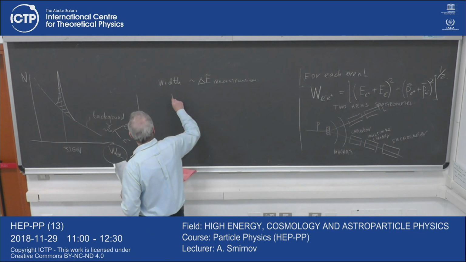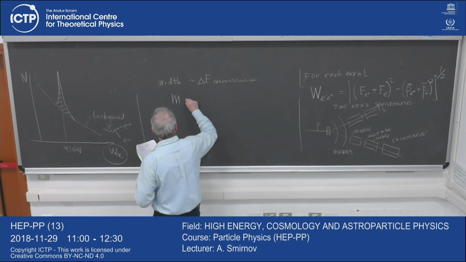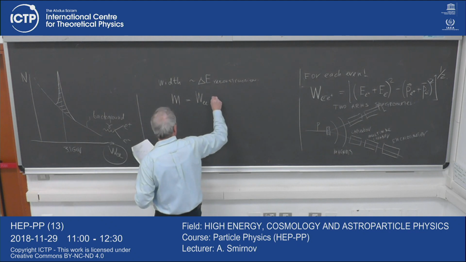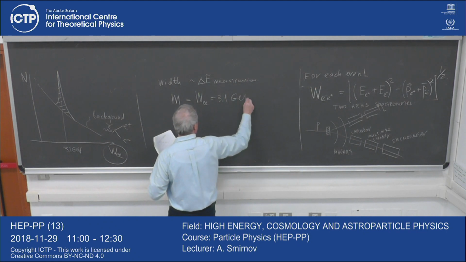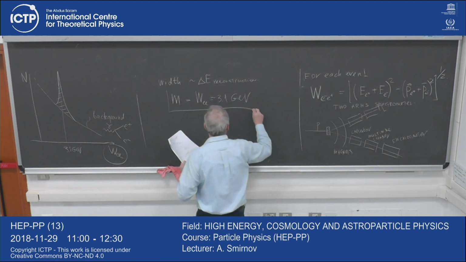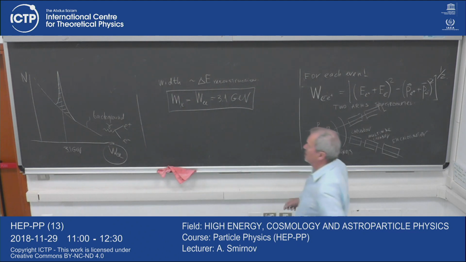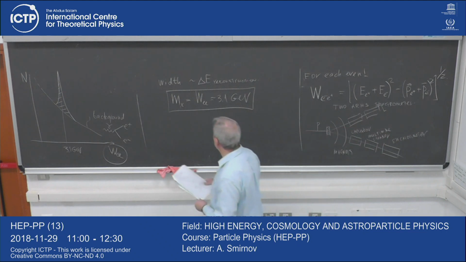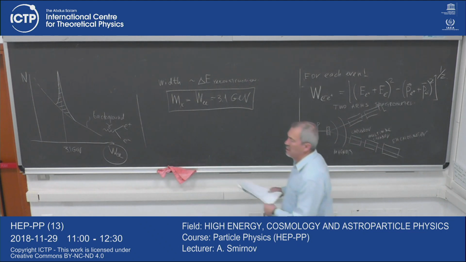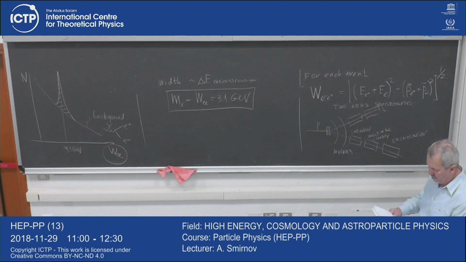We deal here with production of a new particle, which has mass equal to this W at this point, which is 3.1 GeV. So this is an important conclusion here. That tells us that we have produced a new particle with a mass equal to W. That is determined by the position of the resonance.